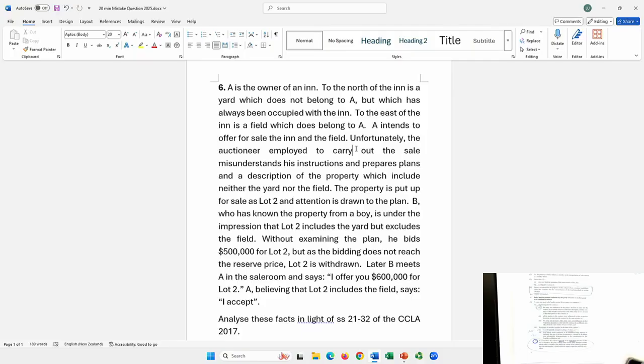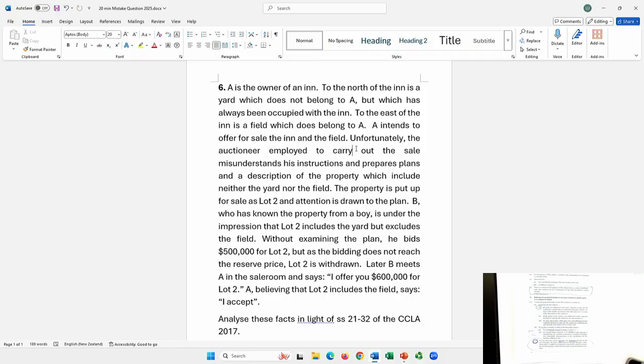Is there a substantially unequal exchange of value? And the question is, what is the value of the inn by itself? The objective value, the market value. We don't know what that value is. So what can you say? You'd say you need to compare the value of the inn at the time of contract with what he paid for it, $600,000.